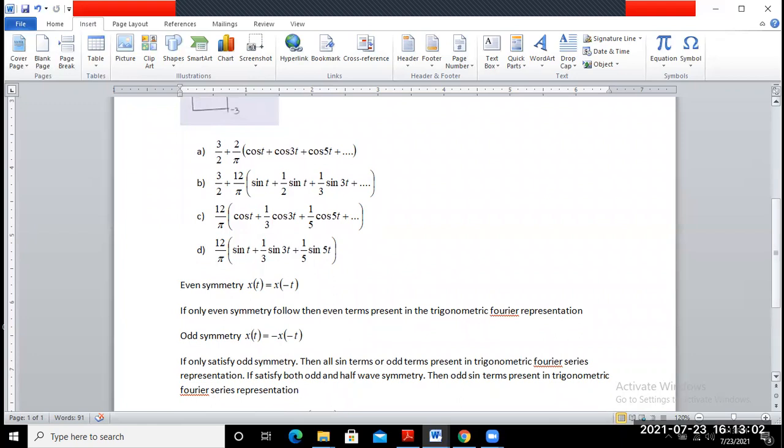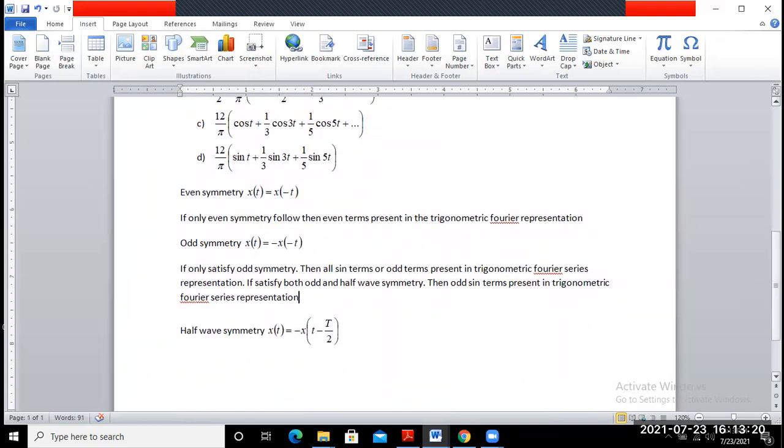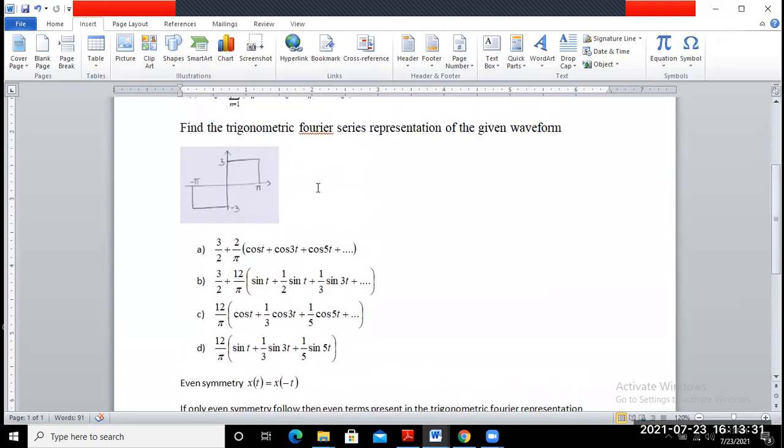In this way you can solve problems based on symmetry, and practice some problems based on these symmetry conditions. These are the three basic symmetry conditions: even symmetry, odd symmetry, and half wave symmetry. How do we simply check which type of symmetry a wave has? For even symmetry, just take the mirror image of the first half waveform, and if it looks like this, it follows even symmetry.